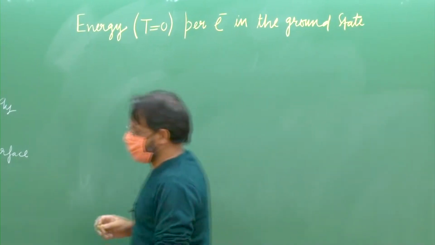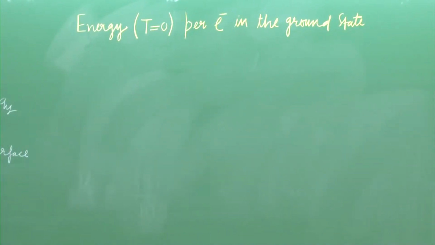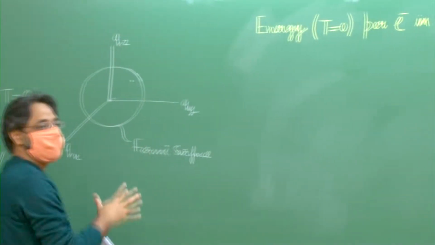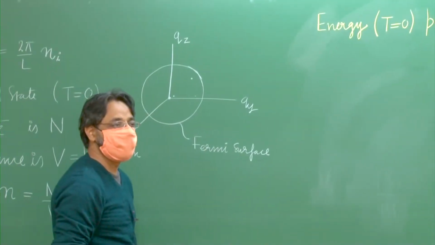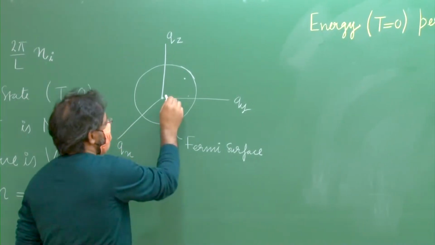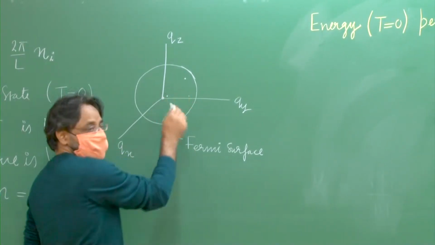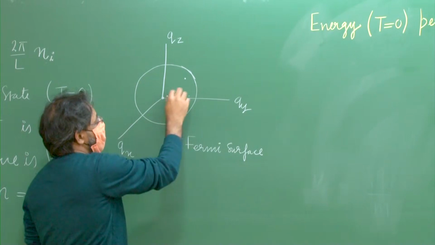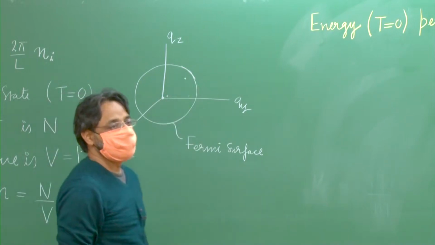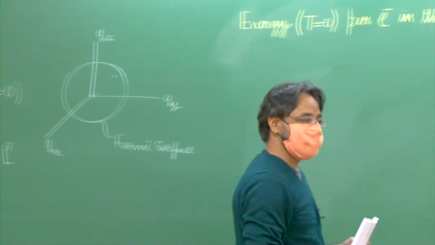In other words, what we have to do is to find the total energy of the electron gas at 0 temperature and divide it by the number of electrons. That is all you have to do. So, you have to take all the electrons at 0 temperature and go on adding up their energies. That is it. It is as simple as this.